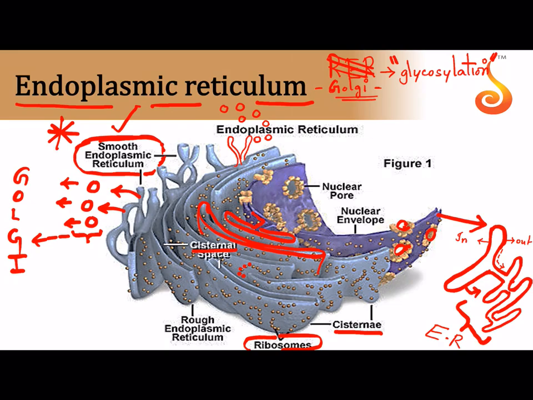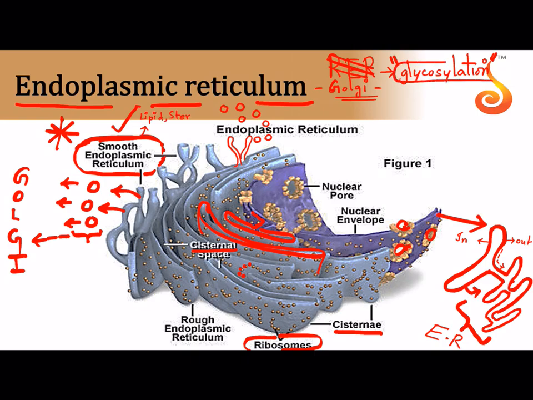Like I said, the rough endoplasmic reticulum has ribosomes on it, so it is obviously helping in protein synthesis, and then I told you it helps in packaging all the proteins. Especially the smooth endoplasmic reticulum, I want all of you to remember, helps in detoxification, and I'm writing it here, it helps in lipid and sterol synthesis.